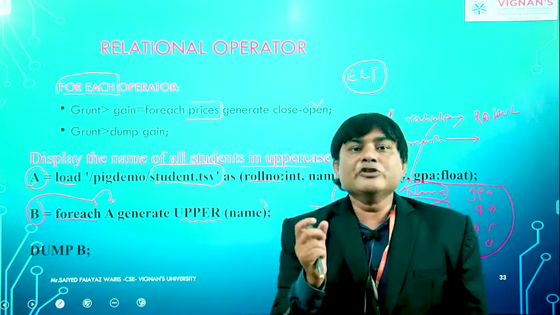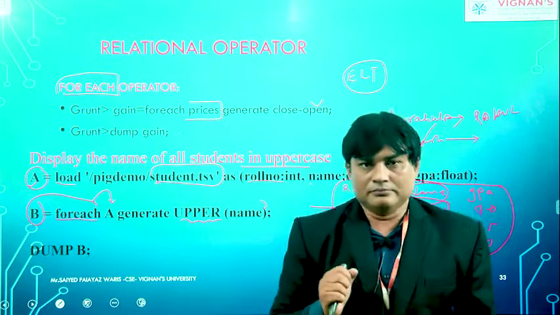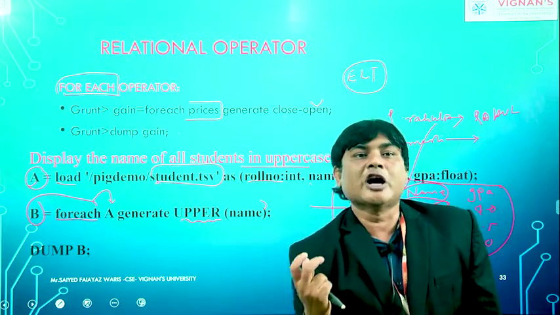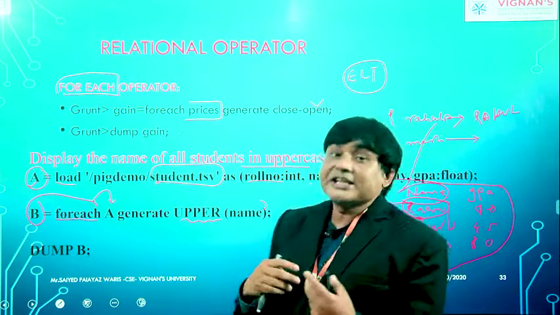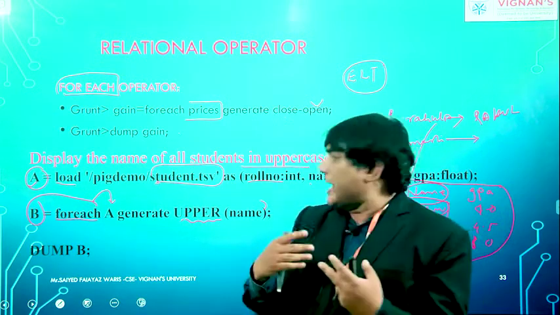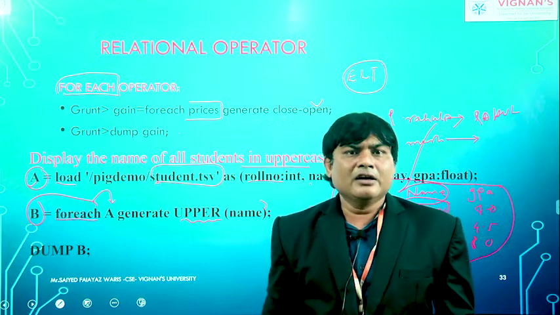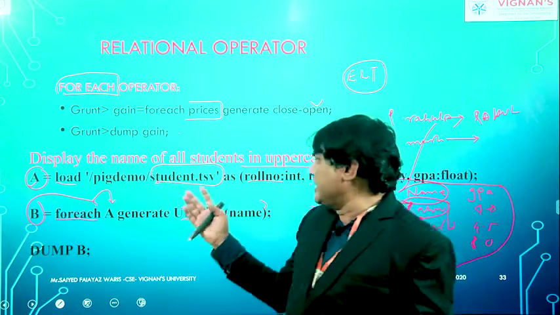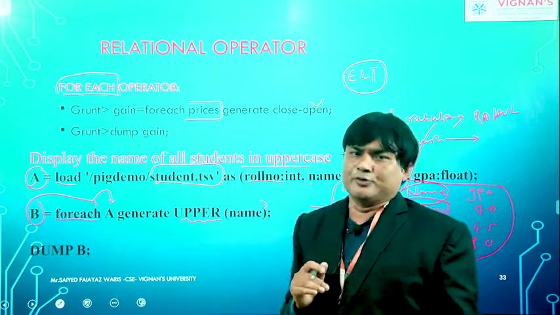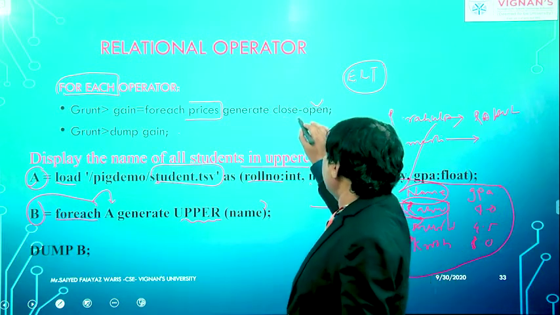Okay, now B will have the actual outcome. The B will have the actual output. Now I want to see the result, because I loaded the data into a relation. Now I did some transformation also. What am I doing here? I'm doing these three things. First, I'm loading.